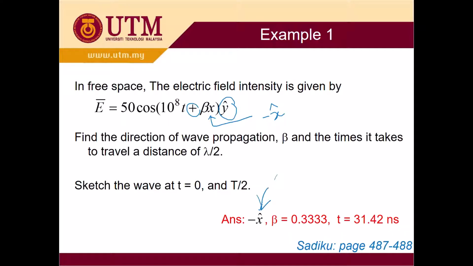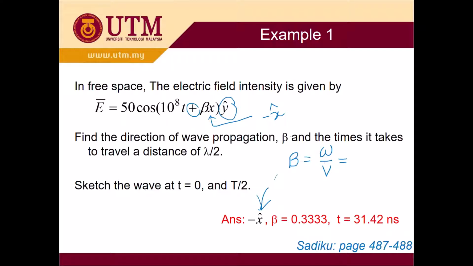How about the beta? How to find the beta? We can use a simple formula where beta is equal to omega divided by v. The omega is the radian frequency and v is the velocity.